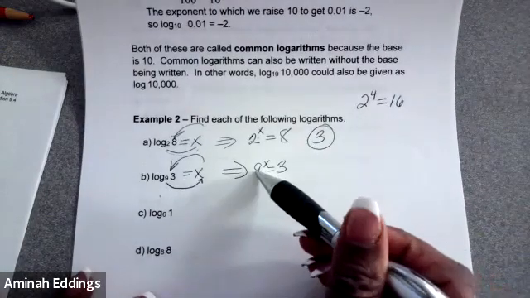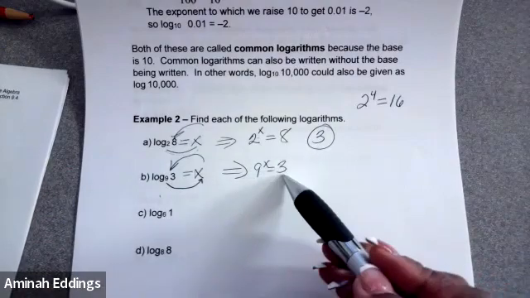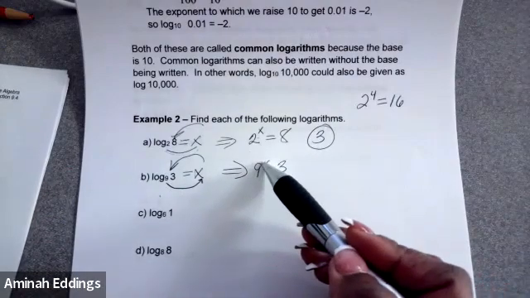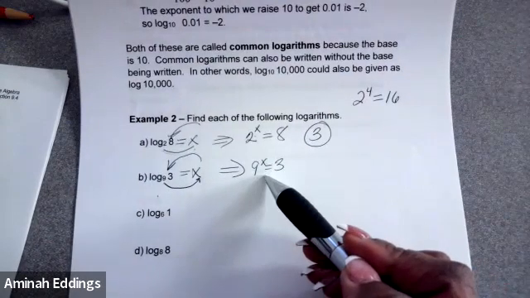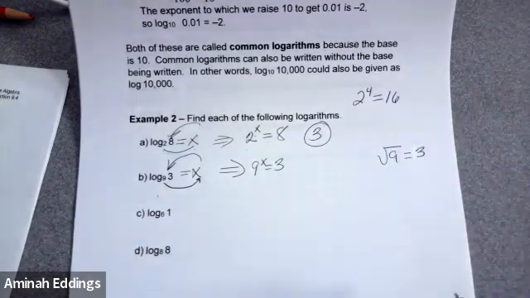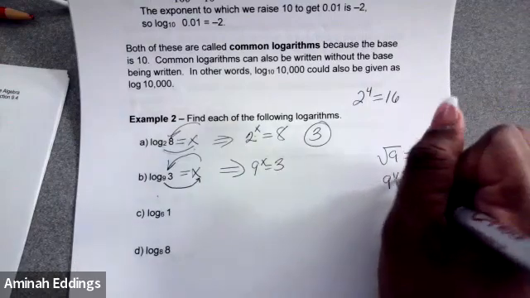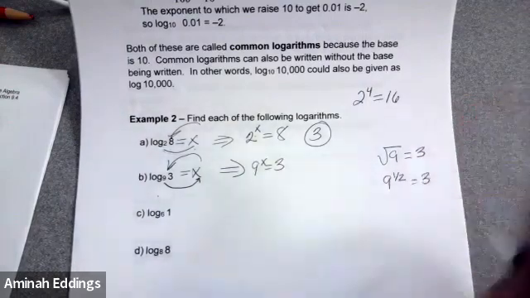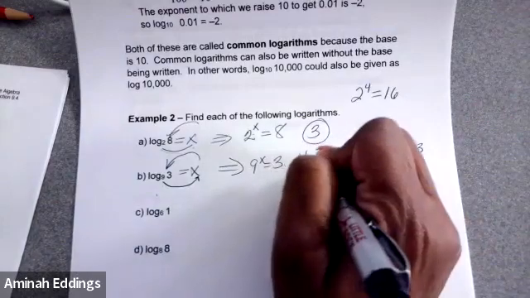Well, anytime your base is larger than your answer, that exponent is going to be a fraction. If you think about this, you all know that the square root of 9 is 3, right? So the square root of 9 is the same as saying 9 to the 1/2 power. Do you all recall that? A rational exponent? Okay, so my answer here is 1/2.